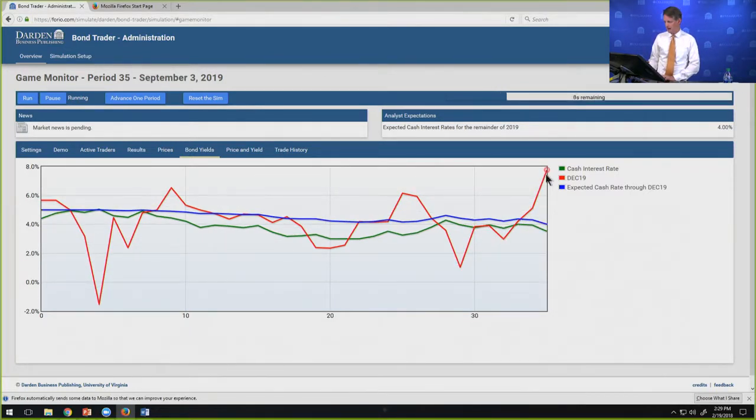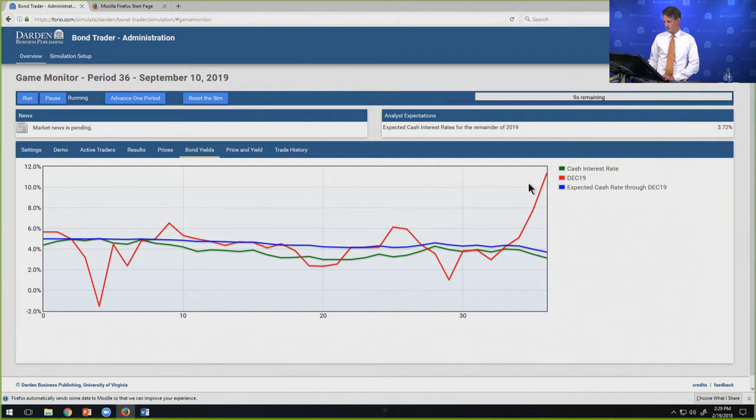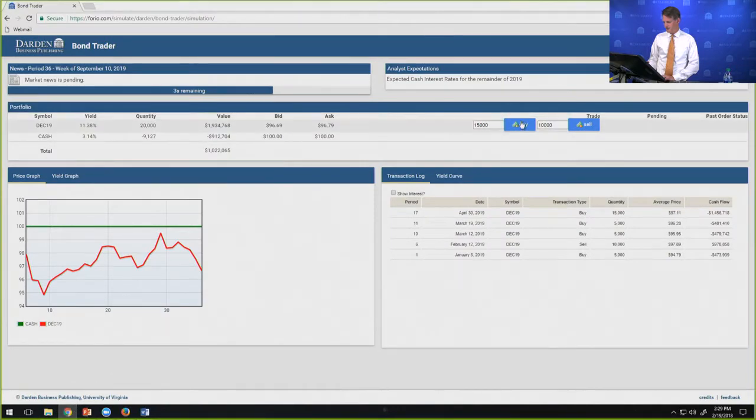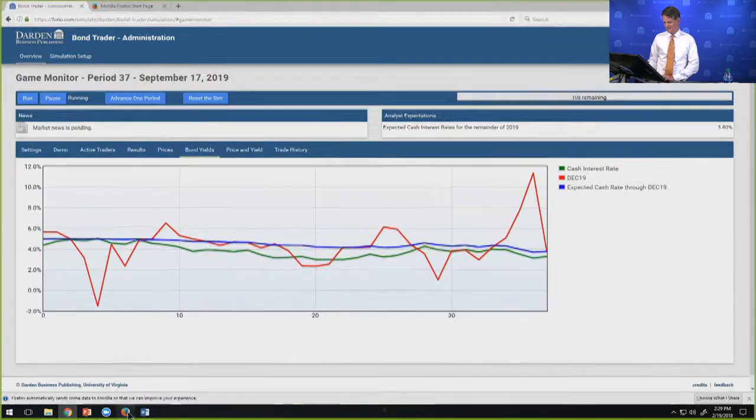There's a high yield, so expecting lots of buys coming in right now, and seeing if that price will increase to reduce that yield. No, it's going up. We don't have any. We need some more traders in there. I'm going to buy. Oops, I can't buy. There we go. Good. So that responds.